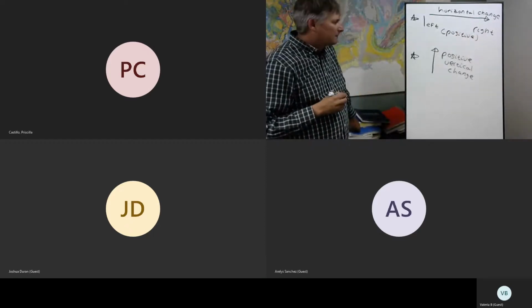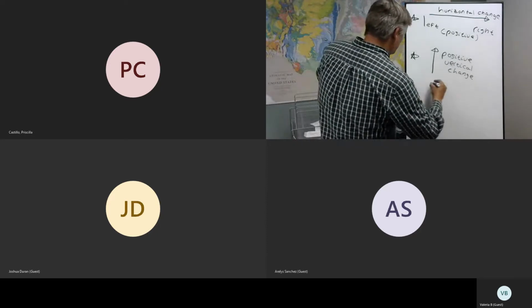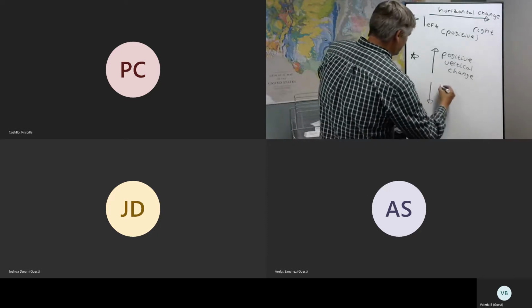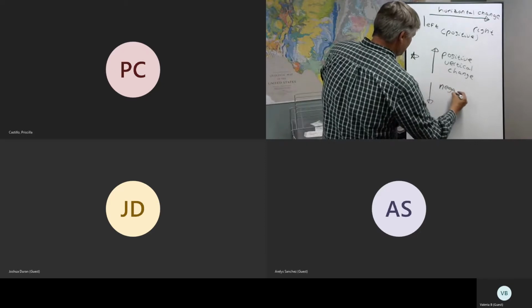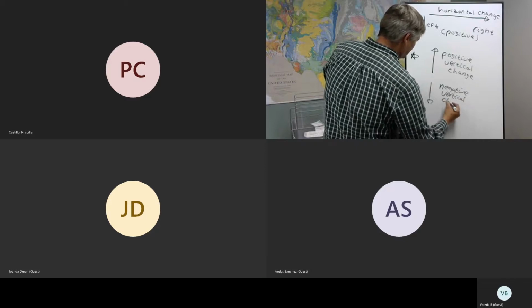Vertical change is different, though. You can have up, but you can also have down. And this is a negative vertical change.